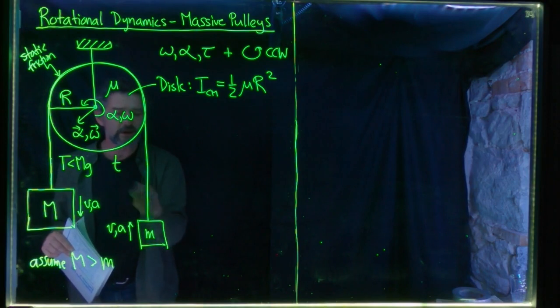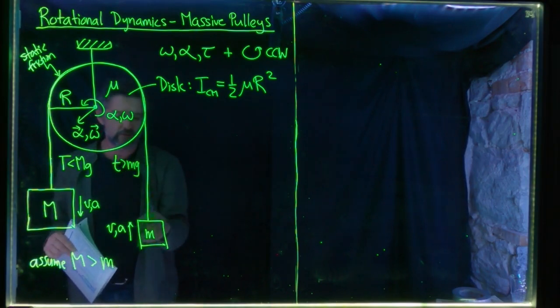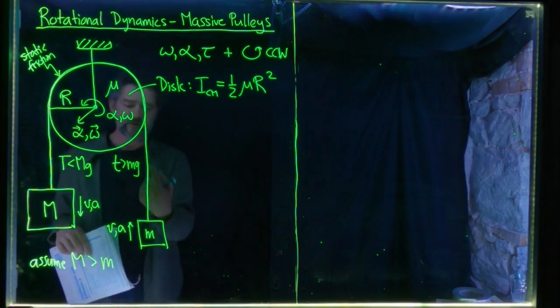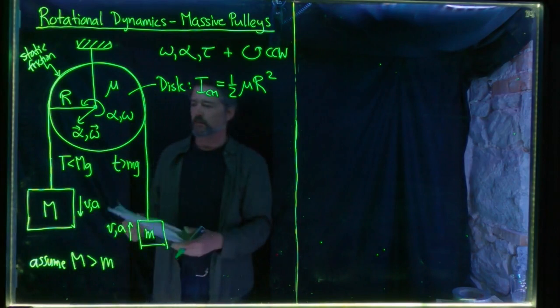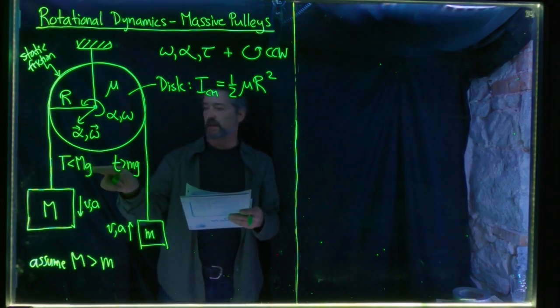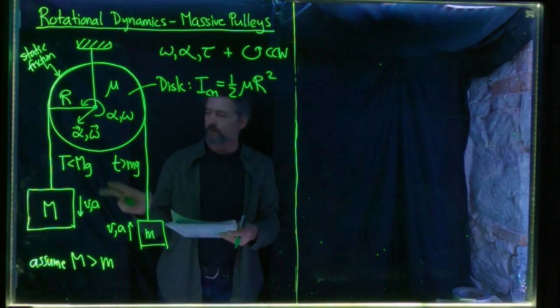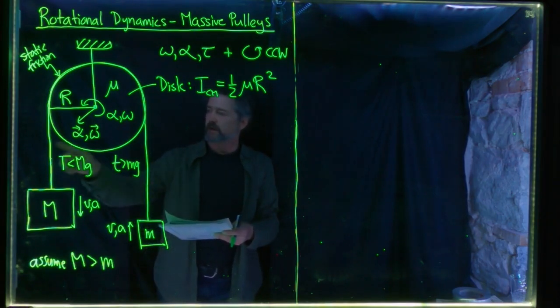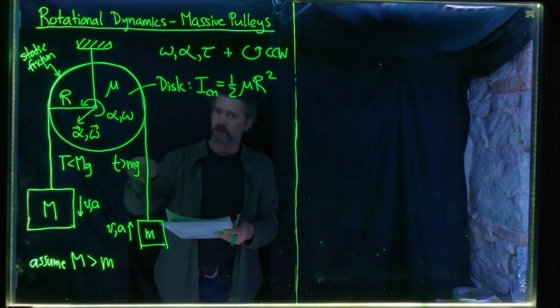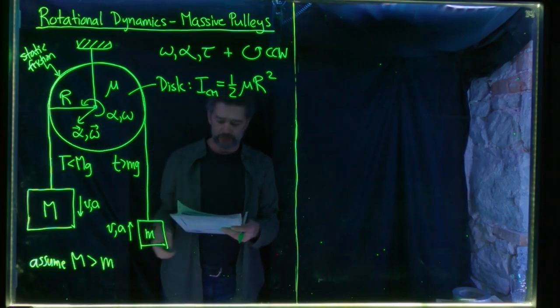So it must be that little t is bigger than the weight of the block with mass little m, so there's a net upwards force causing that linear acceleration A upwards. So we know that big T is less than big Mg and little t is bigger than little mg. But also, and this is the crucial thing, big T has to be bigger than little t, so that there is a net counterclockwise torque causing the angular acceleration of the wheel, alpha.